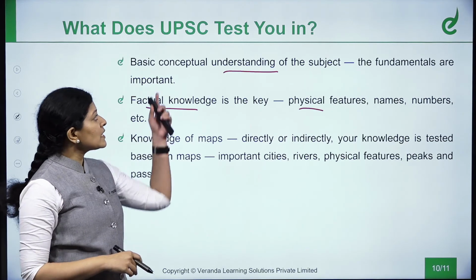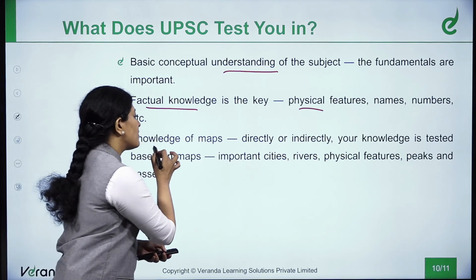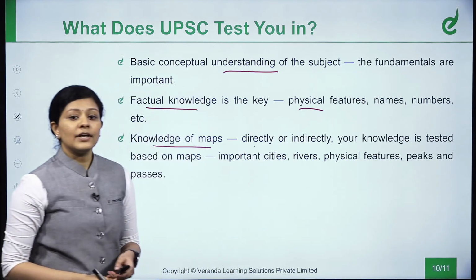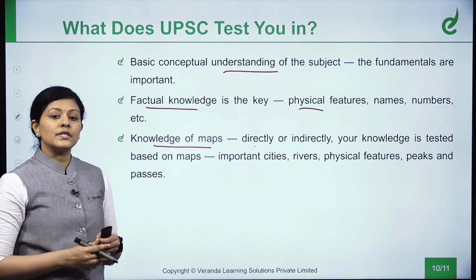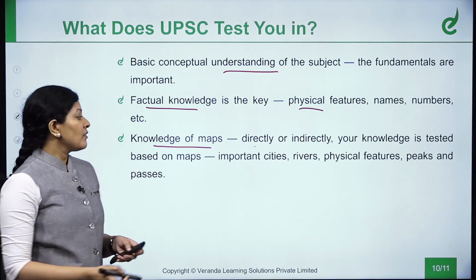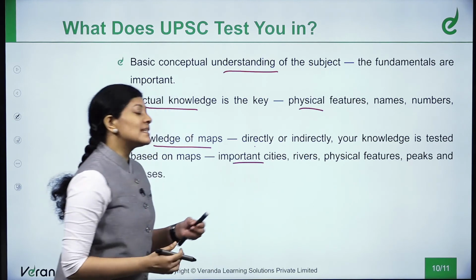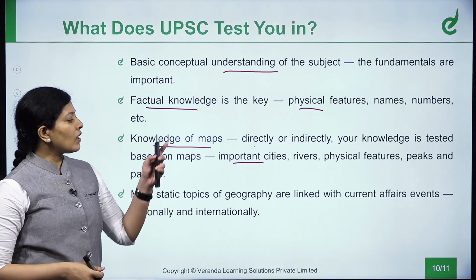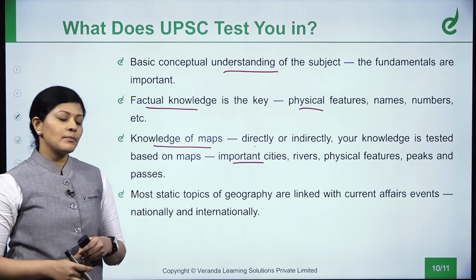These things are tested along with knowledge of maps. Knowledge of maps helps you directly or indirectly in your prelims, and it can also be used in mains answer writing as well. You are supposed to remember the important cities, rivers, physical features and peaks around the world. So all these things are tested from the exam point of view.